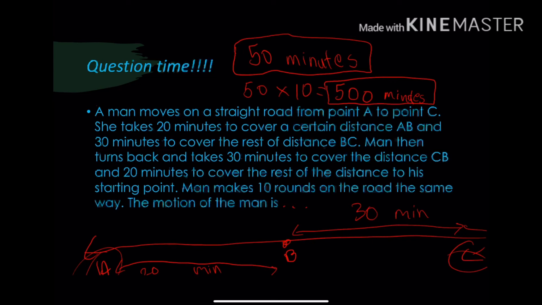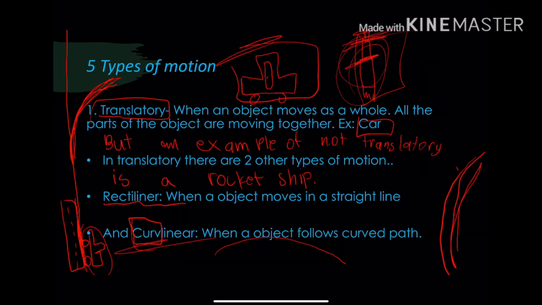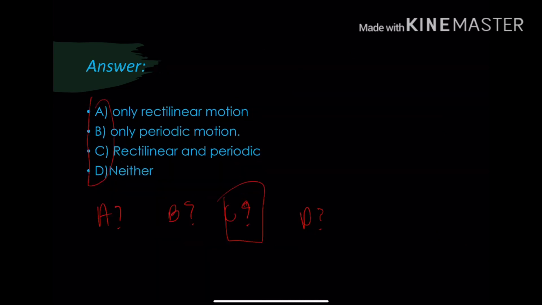It's rectilinear motion too because of this word over here: straight road. And as we know before, rectilinear is straight. So guys, if you didn't know, it's C. Rectilinear and periodic motion.